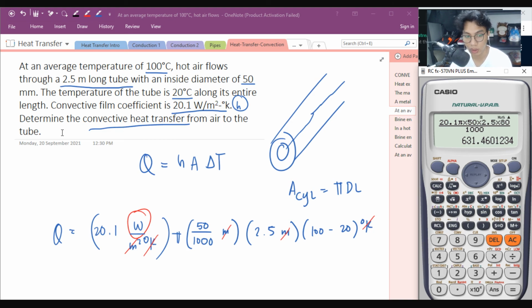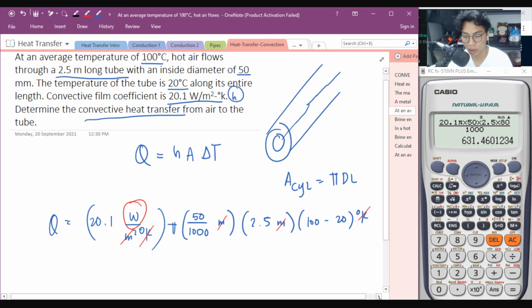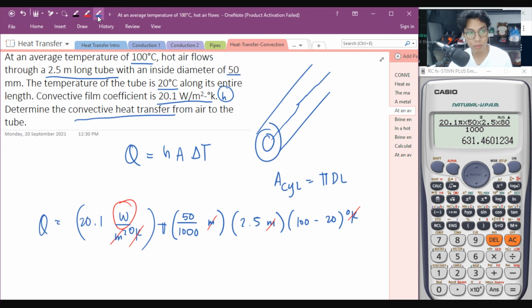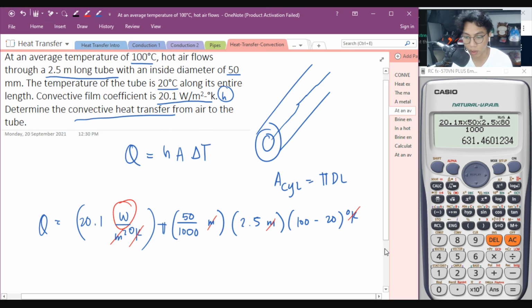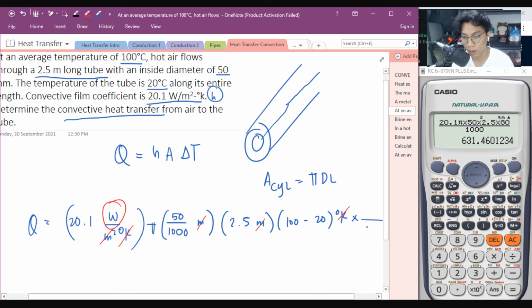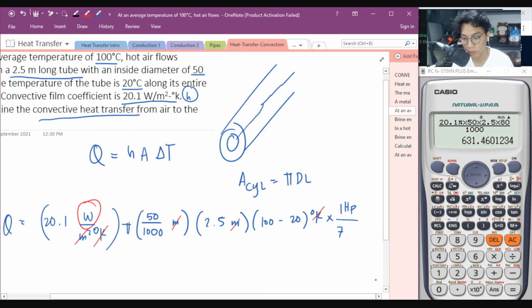Ang gusto niya kasi dito is in HP. Okay? In HP po. Yan. Convert natin ng HP. Ano yung multiply natin para ma-convert natin siya ng HP, yung watt? Simple lang. Multiply mo na lang ng 1 HP in every 746 watts. Ayun, 746 watts. Ayan.